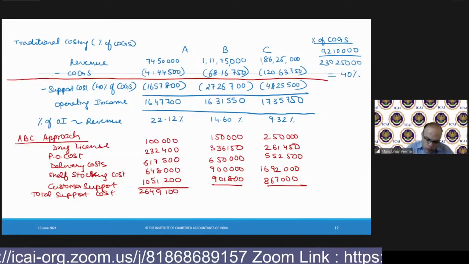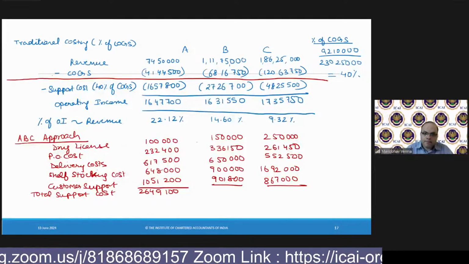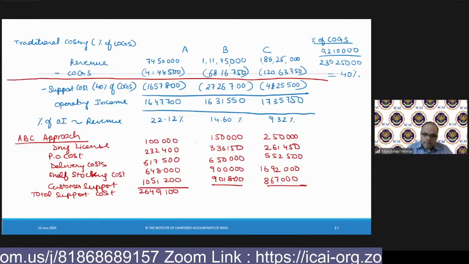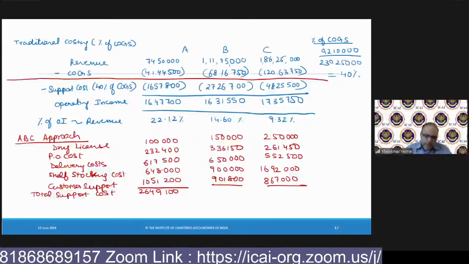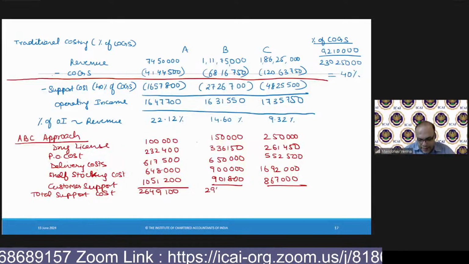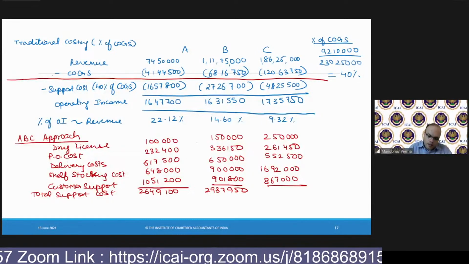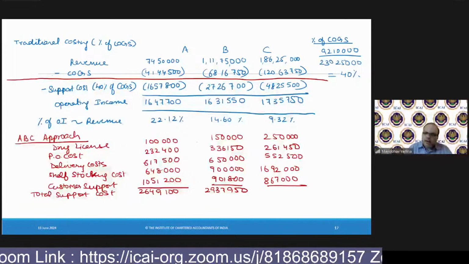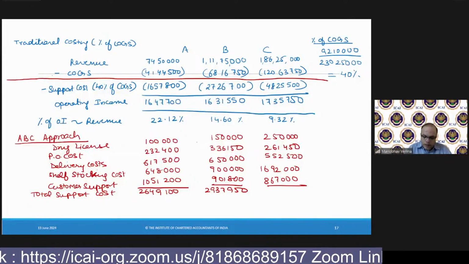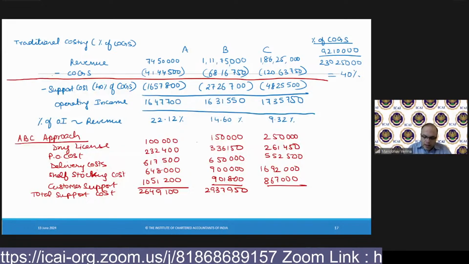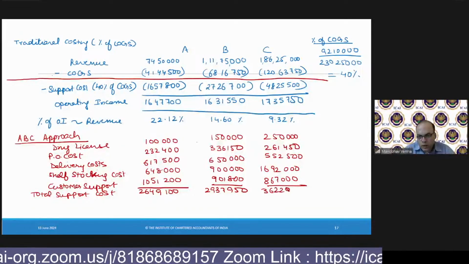Please double check the calculations once. We are getting 29 lakh 37,950 here. And we are getting 36 lakhs 22,950.